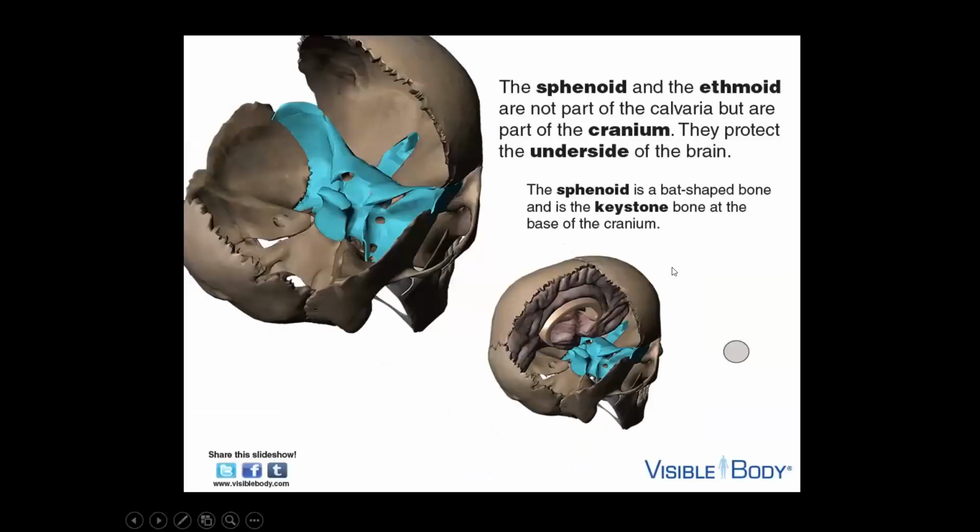The sphenoid bone and the ethmoid bone have two important roles to play. Externally they look like little bones, but they're not. The sphenoid bone forms the underside of the cranial cavity. It extends from side to side. And this whole blue thing here, not out here, but this thing, is the sphenoid bone.